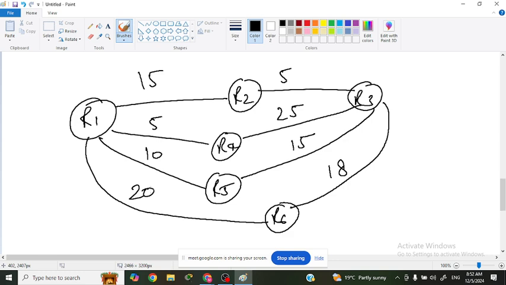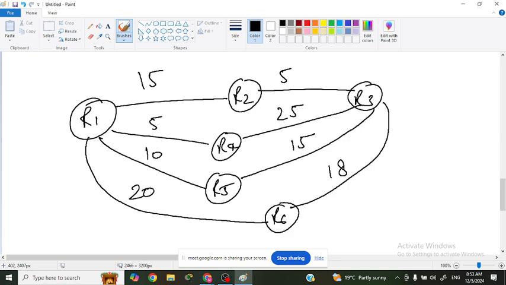Subhajit, tell me the reason why. Because of 20 and 18, the 38. Okay, and here it is 10 plus 15, 25. So which one will be the best? The second best, so the R5.